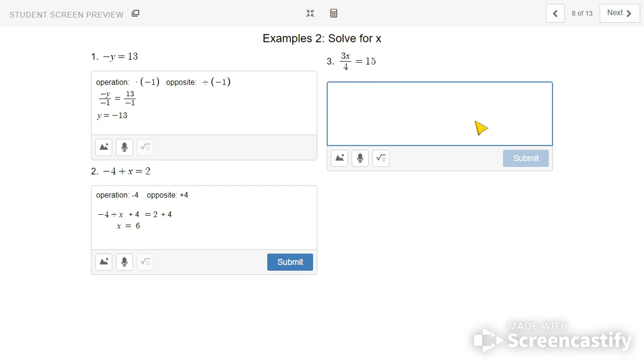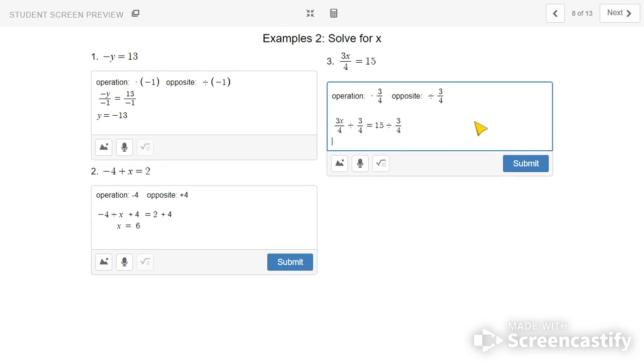Okay, this one has got a fraction. What is the operation? We're multiplying by the fraction 3 over 4. The opposite of multiplying by 3 over 4 is to divide by 3 over 4. So let's rewrite this equation and we're going to divide by 3 over 4. 3x over 4 divided by 3 over 4 equals 15 divided by 3 over 4.